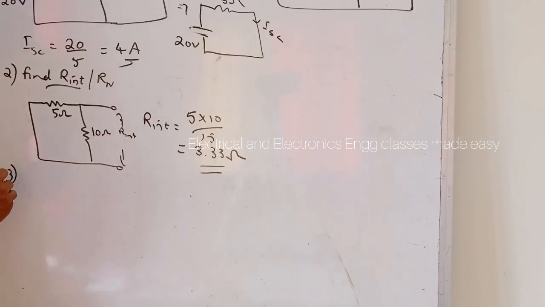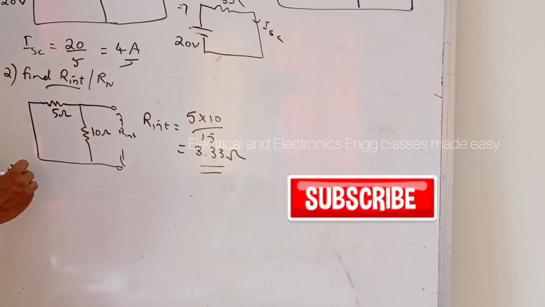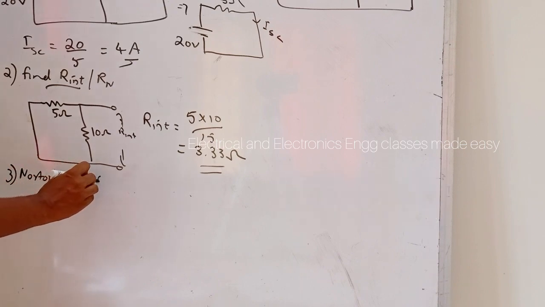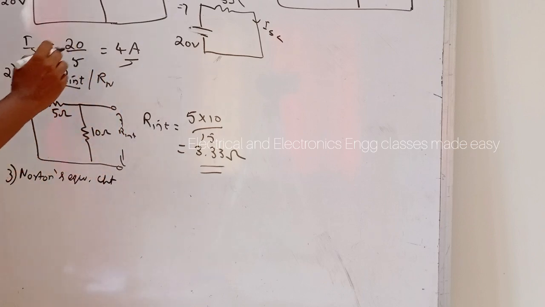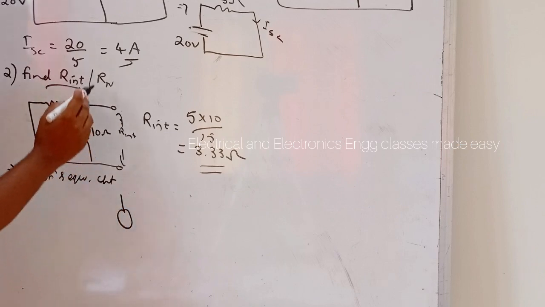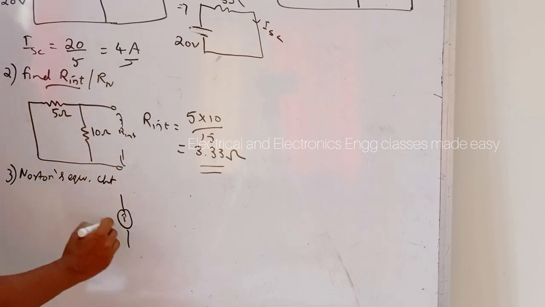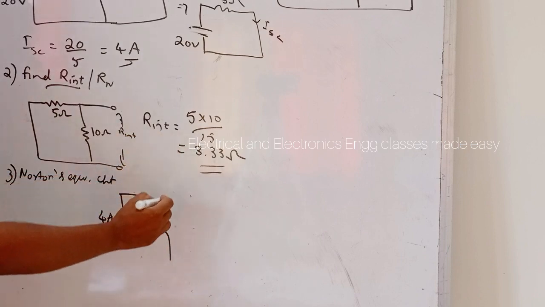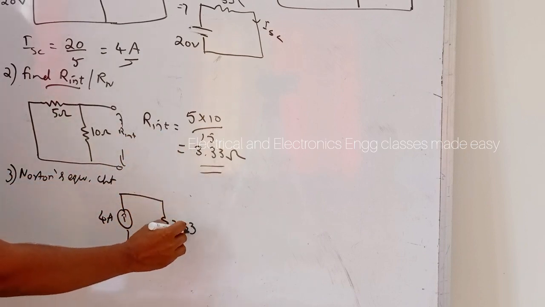In the next step, we can draw the Norton's equivalent circuit. So Norton's equivalent circuit is, here ISC is 4 ampere in parallel with R internal, that is 3.33 ohm.